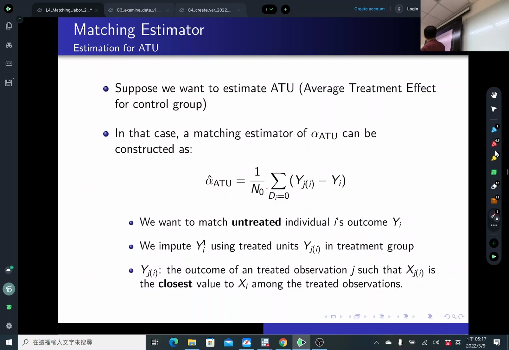You do this for each individual in the control group, calculate their difference, and take the average over the whole control group. You get the average treatment effect for the control group.